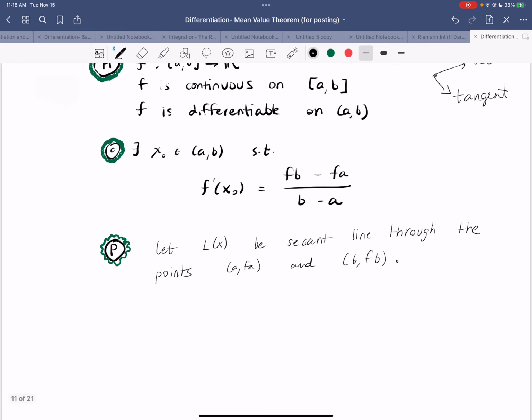Then apply the mean value theorem to F going from alpha beta to R, right? F restricted to that compact domain.